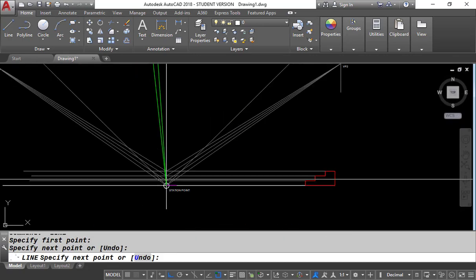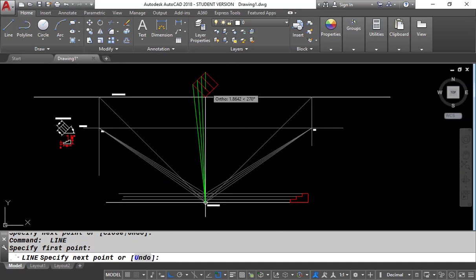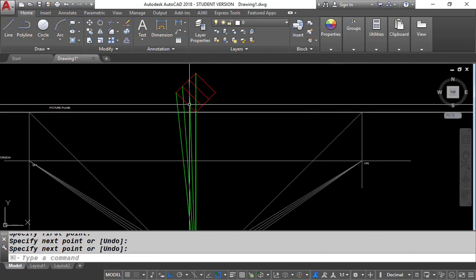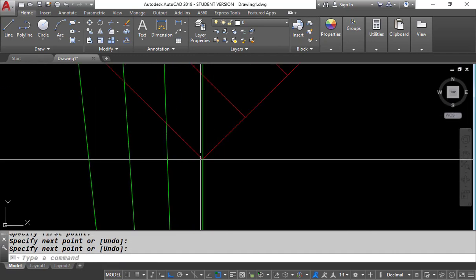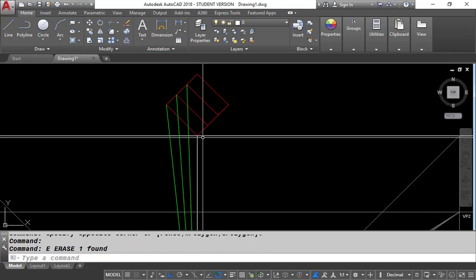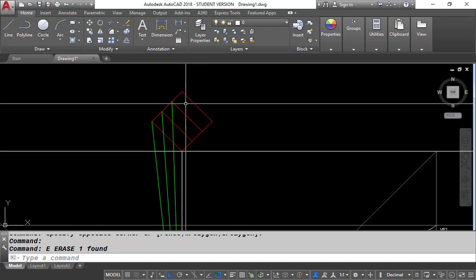All the staircase points should be connected to the station point. Obviously, if you are drawing the vertical line directly and the station point is in a vertical line, then this point and this point should merge.